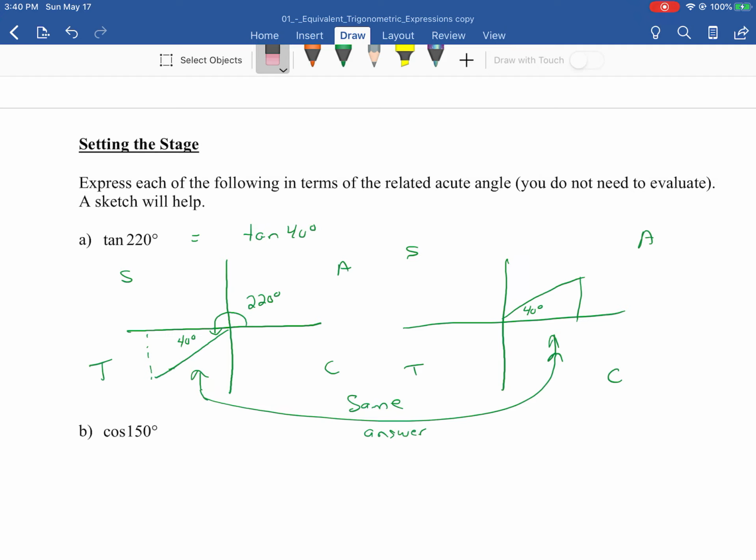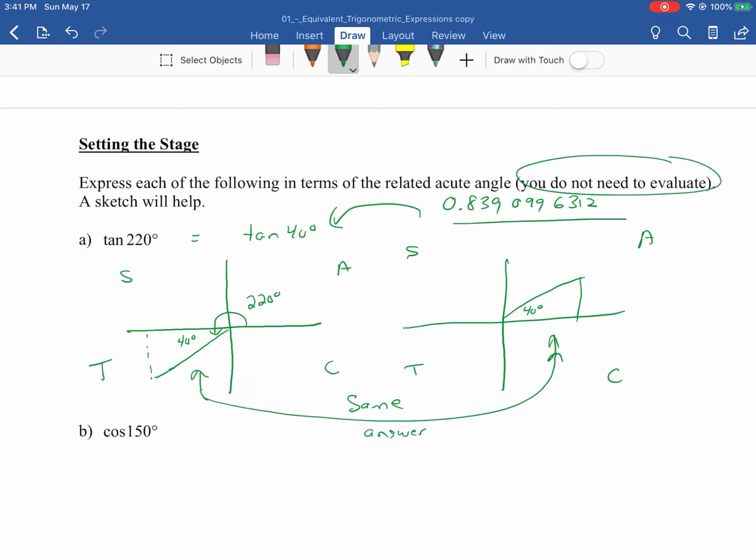Okay, tan of 220 equals 0.8390996312. And if I type in tan of 40, I get the exact same thing. And that's not what we were trying to find there. This says you do not need to evaluate. I did here, but only to prove the point that tan of 220 and tan of 40 come out to the same answer.